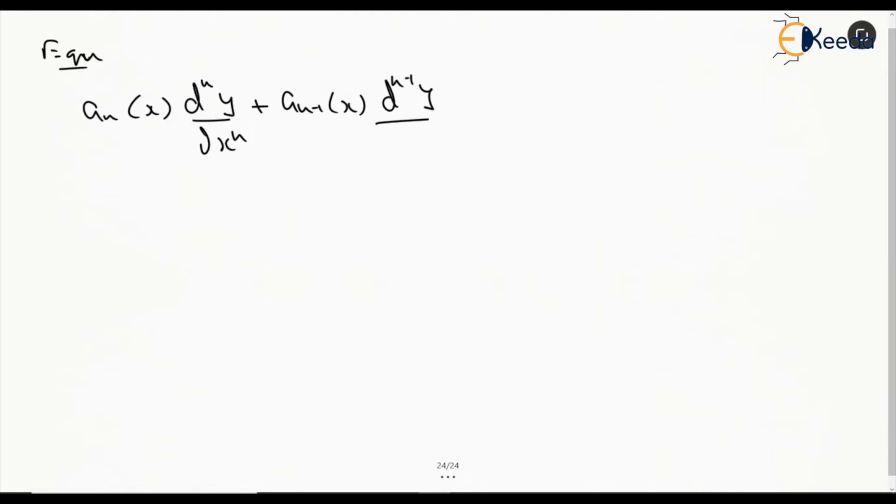So let's say we have an equation of the form an of x for the nth derivative, a n minus 1 of x for the n minus 1th derivative, and so on, up to a1 of x dy by dx plus a0 of x, so we have taken y equal to some function f of x.